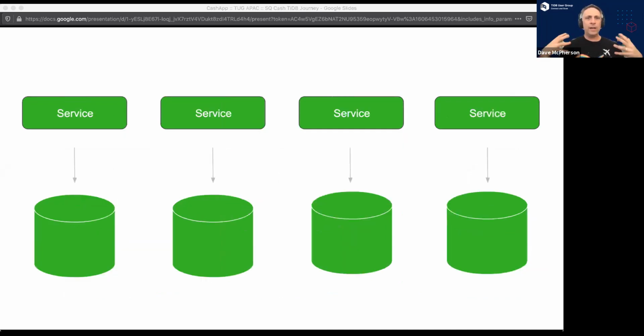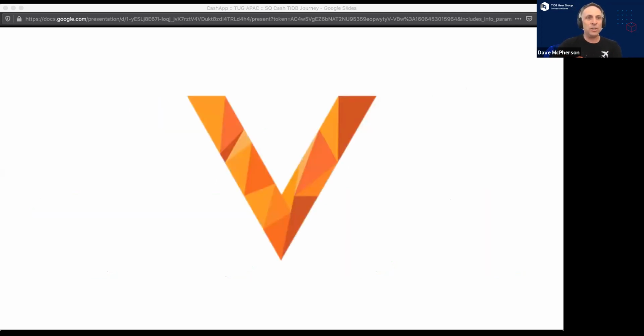So we started trying to do things like break up the app, breaking it out into separate services, each of them with their own database as well that feeds through. And that's okay-ish. And then we also moved into using an open source system called Vitess.